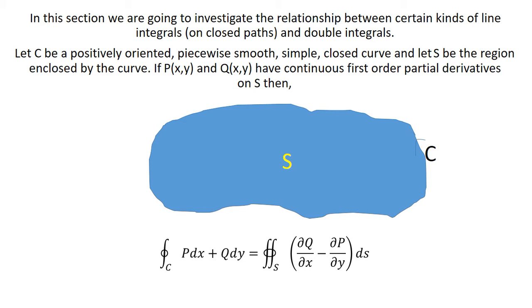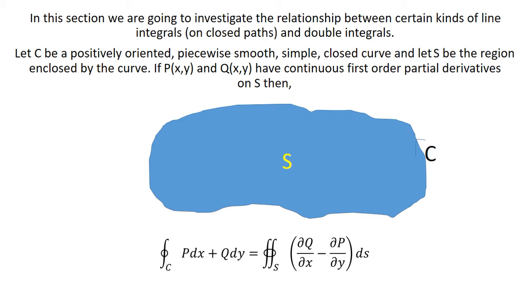Let us assume that C is a curve, and capital S is a surface enclosed by the curve C. The curve should be positively oriented, that is anti-clockwise direction, piecewise smooth, simple and closed, and capital S is the region, and P and Q are functions of x and y, which are of course continuous and having continuous first order derivative as well.